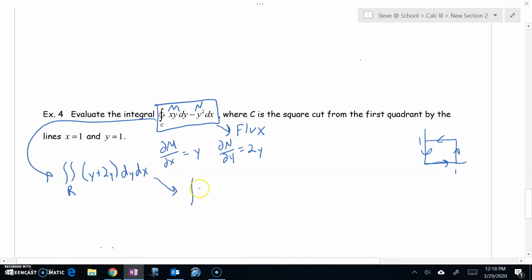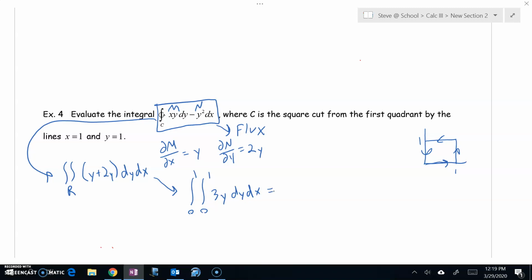So the region for x and y go from 0 to 1 and 0 to 1 of 3y dy dx. So this is now my new flux equation, except again, it's a divergence integral. But see how easy this is now to evaluate? Instead of parameterizing 4 curves and doing all that crazy stuff with r of t and subbing everything in, this is way easier.